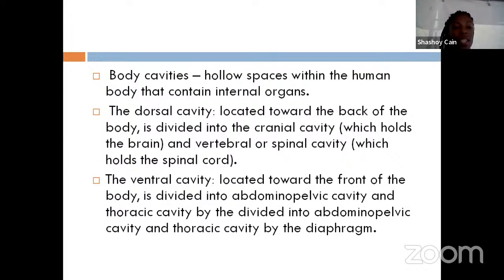The ventral cavity, located toward the front of the body, is divided into the abdominal pelvic cavity and the thoracic cavity by the diaphragm. So remember that the diaphragm was between the abdomen and the thoracic cavity.